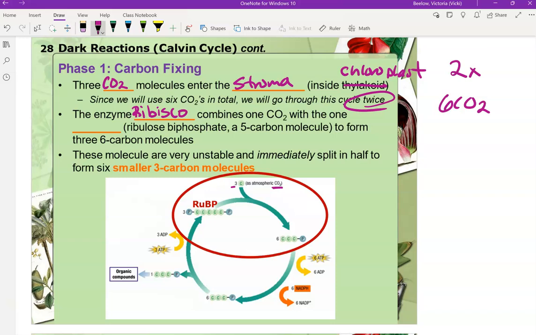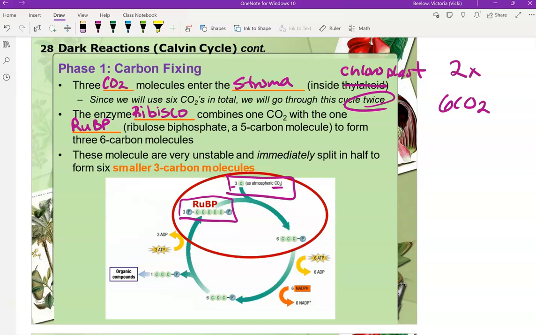And it is going to basically combine that carbon dioxide with something called ribulose bisphosphate. You could just abbreviate it RuBP. So basically step 1 is combining this molecule and carbon dioxide together using an enzyme, kind of similar to what you saw in pyruvic acid conversion with cellular respiration, and then it's going to make this molecule here.